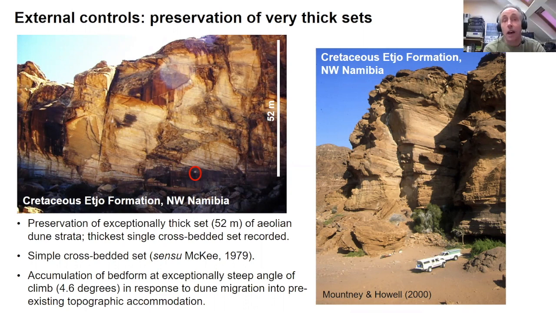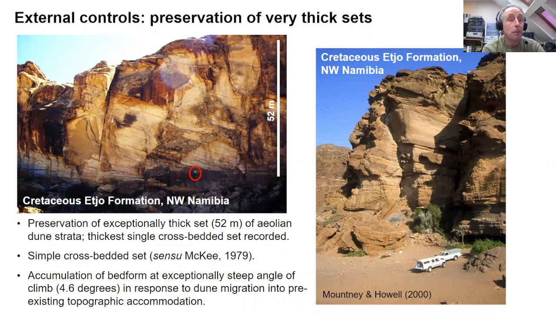But this is a single set representing the lee slope of an Aeolian dune. It's 52 meters thick, and it's just one simple set of crossbeds coming down what would have been the lee slope of a bed form. And that bed form's migrated, and it's given rise to this accumulation. And that's rather spectacular. And so we've got rather exceptional preservation of really very thick sets indeed.